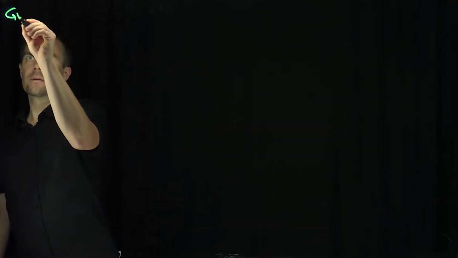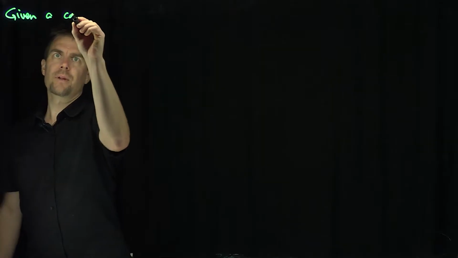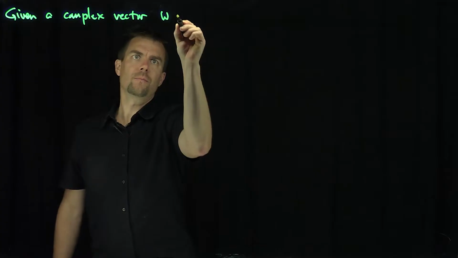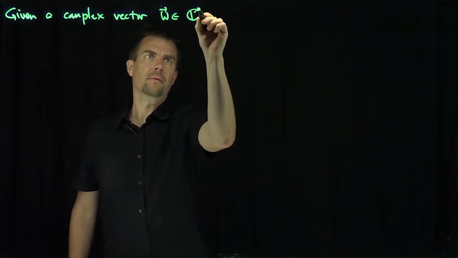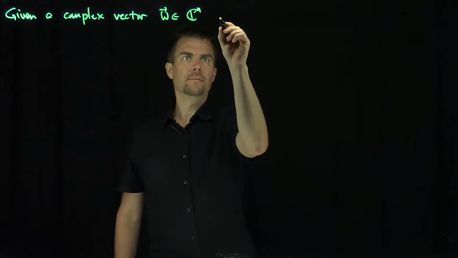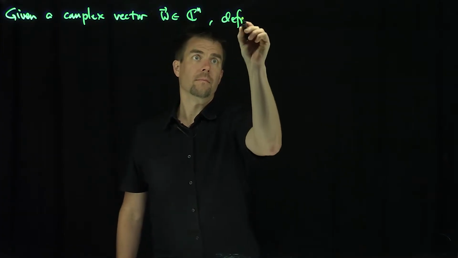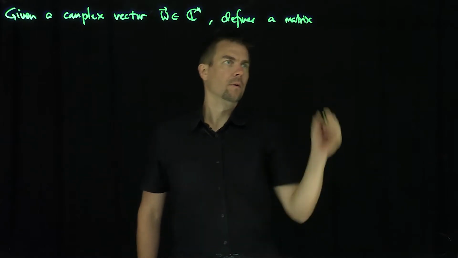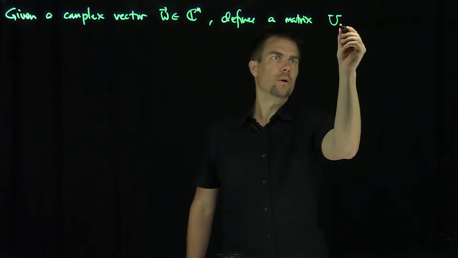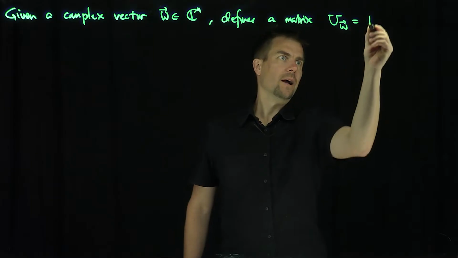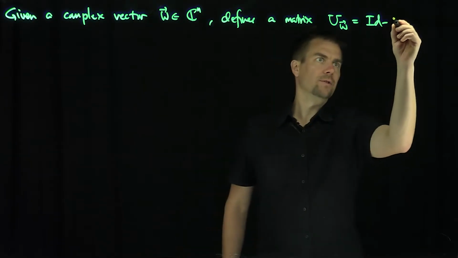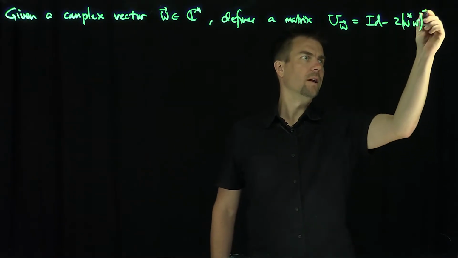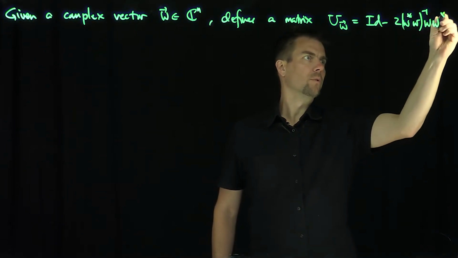Let's be given a complex vector, W, which resides in C^n. Define a matrix, let's call this matrix U_W, that depends on W, by the identity minus twice (W star W) inverse W W star.